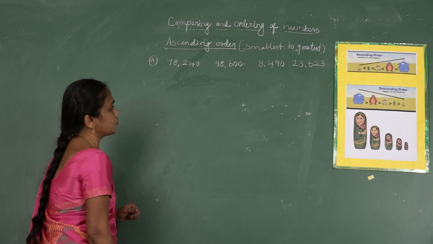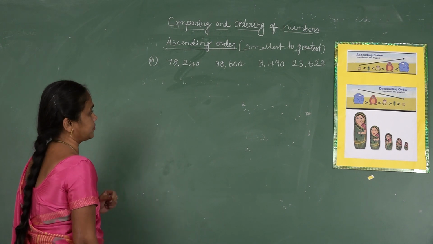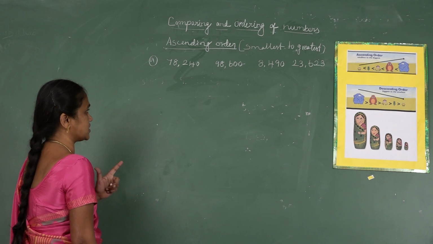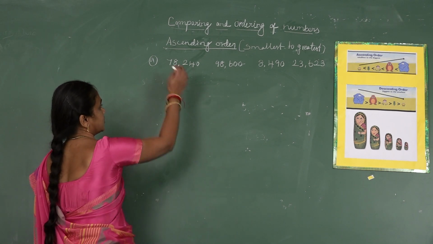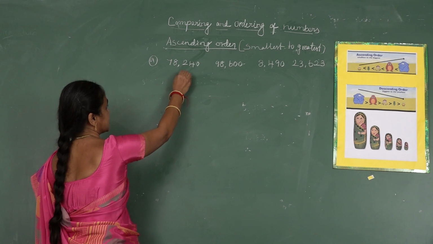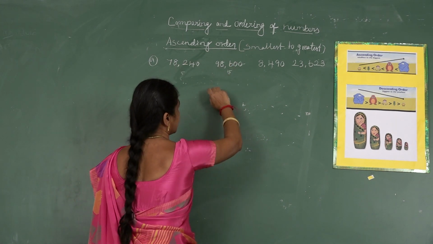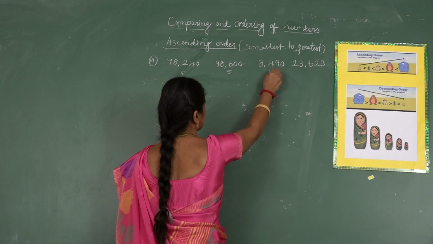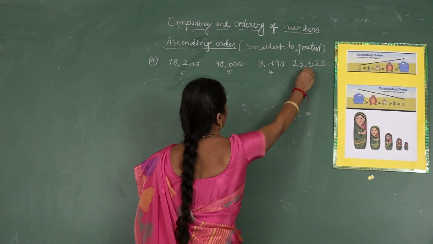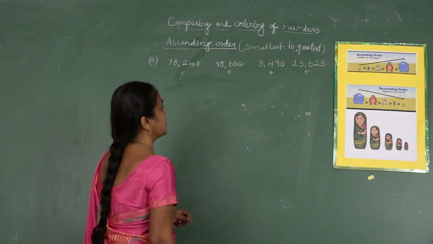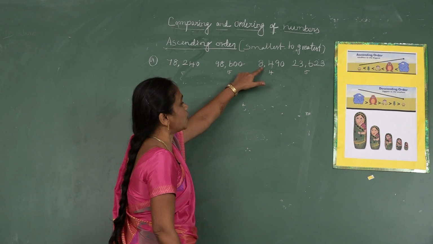In ascending order, first we write the smallest number. How do you find the smallest number? First we count the number of the digits. This number has 5 digits. This number has 5 digits. This number has 4 digits. This number has 5 digits. The number with the less digit is smaller.